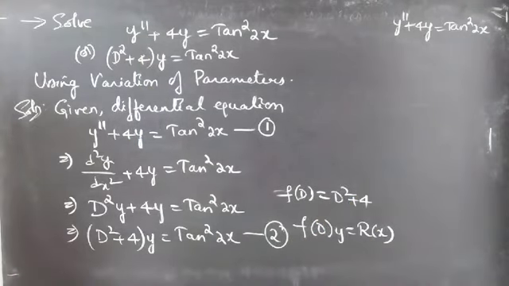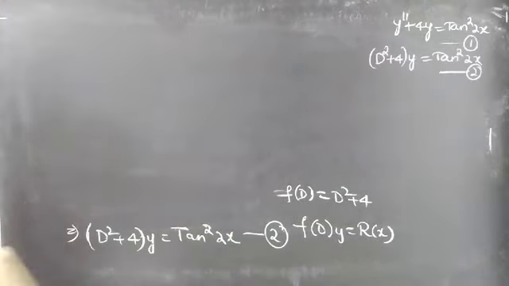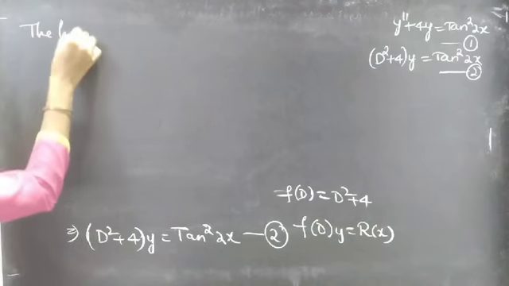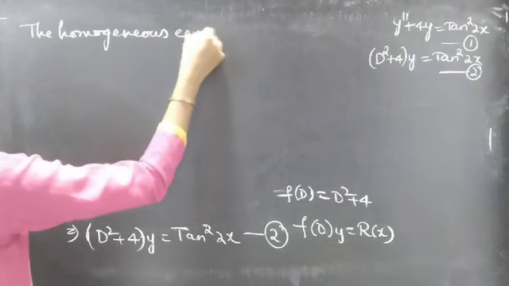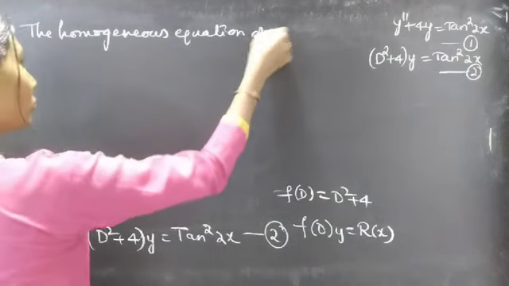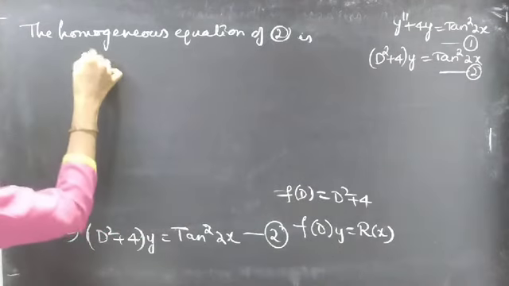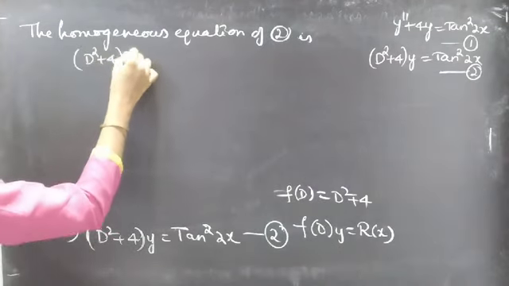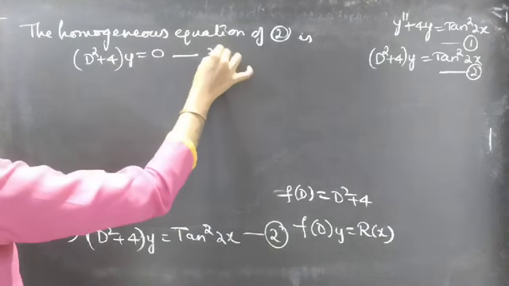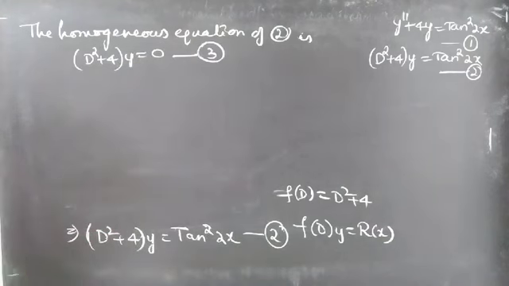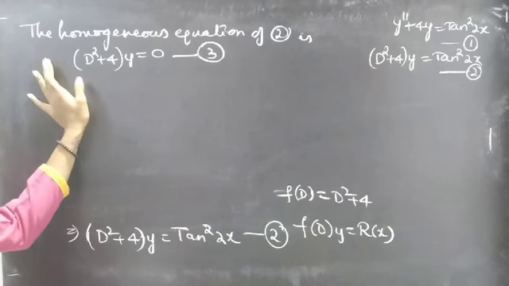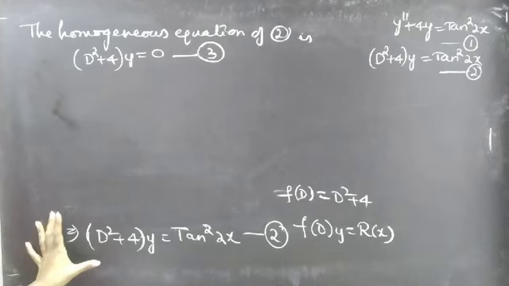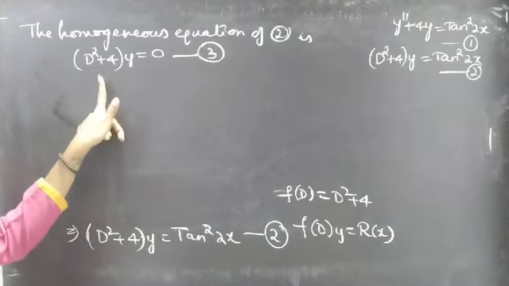The homogeneous equation of equation 2 will be D square plus 4 into y equal to 0. Consider it as equation number 3. Now we need to find the solution of the homogeneous equation, equation 3, using the auxiliary equation, and later we'll find the solution of equation 2 using the solution of equation 3.